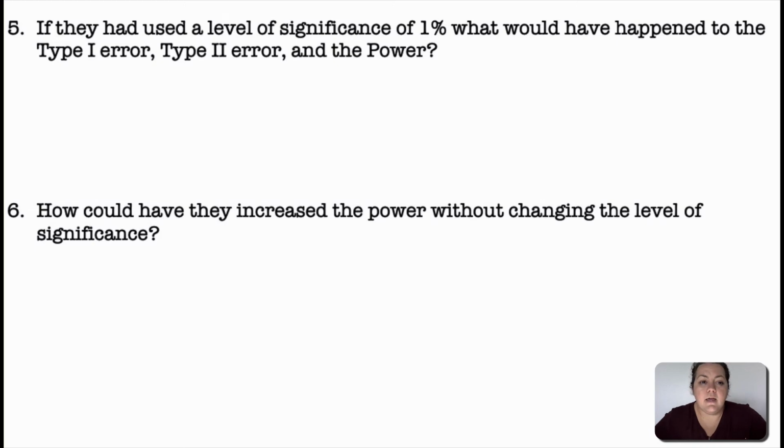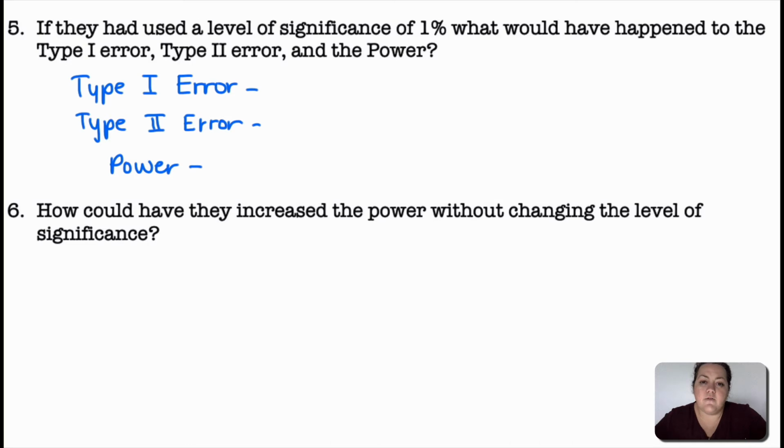All right. If they had used a level of significance of 1%, what would have happened to the type 1 error, type 2 error, and the power? Okay, so if instead of 5% significance, I went to 1% significance, so I decreased my alpha value. If I decrease my alpha value, I would be decreasing my type 1 error because the type 1 error is equal to alpha, the probability of it happening.